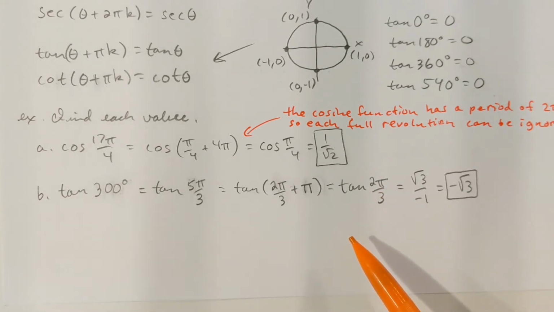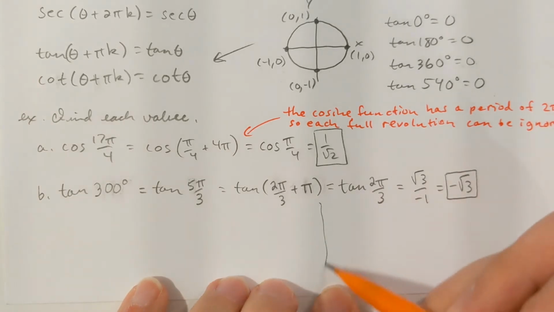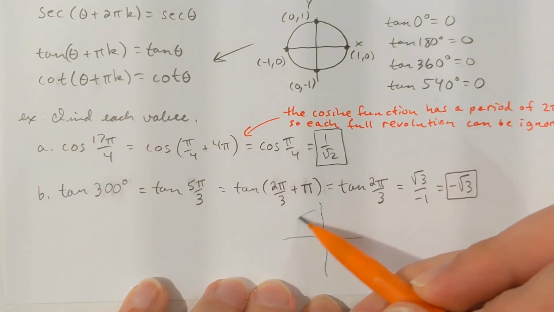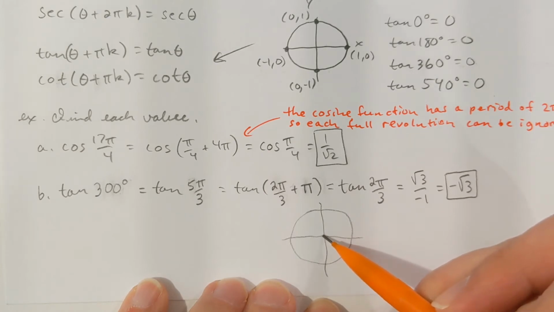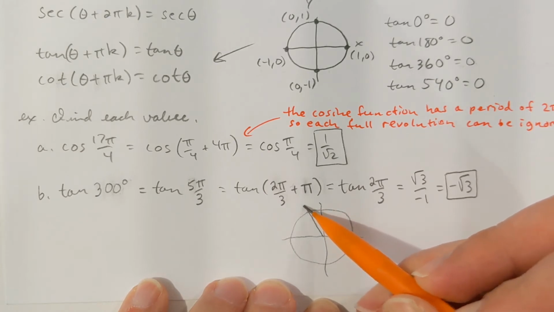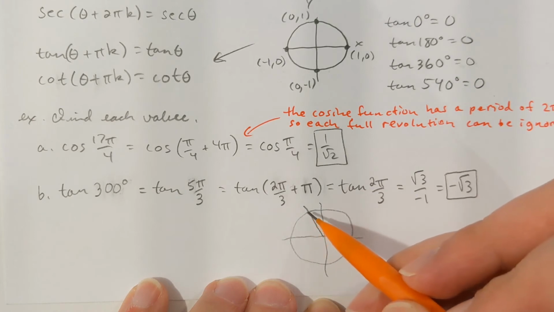Now 2 pi over 3 is the same as 120 degrees, and so I'd be in quadrant 2 if I were to build that triangle. And I'll just quickly do that here. So here's my circle, and I've got a 120 degree angle there.